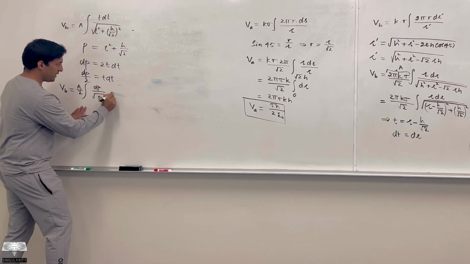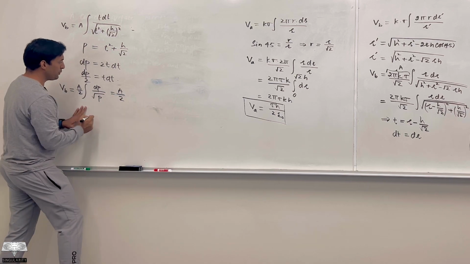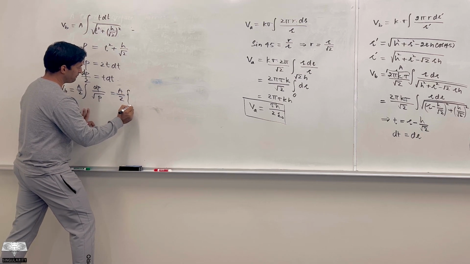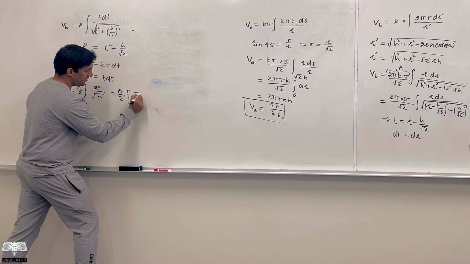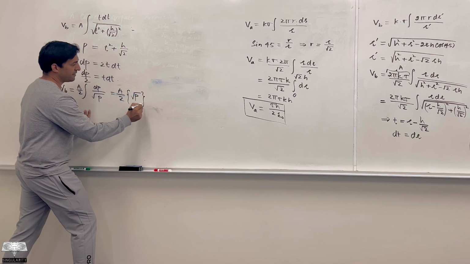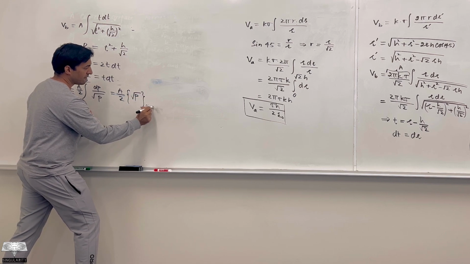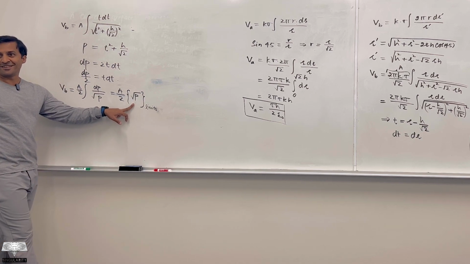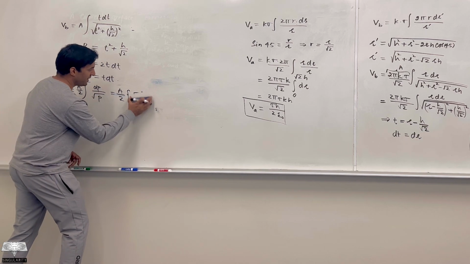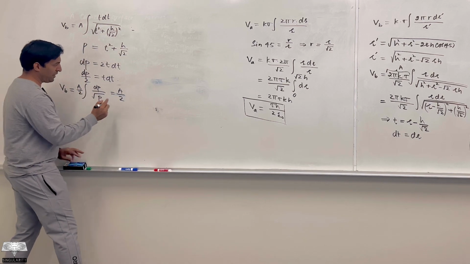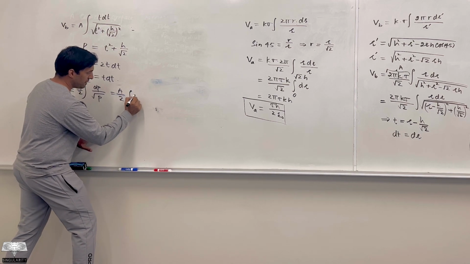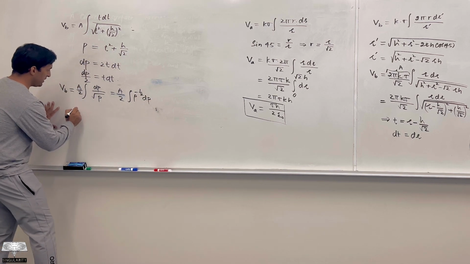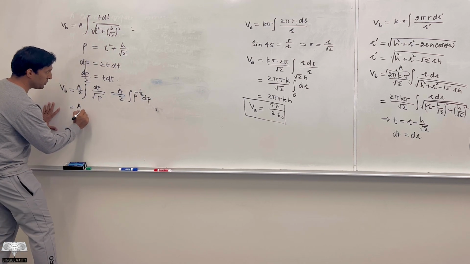Now this will give us a divided by 2, and the integral will be p power, and then the limits. You know how this integral is computed? Now let me write that. This is a general form of integral, so this becomes p power minus 1 by 2 dp, with a divided by 2.